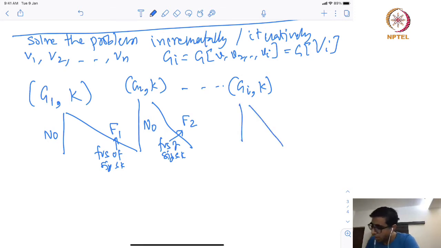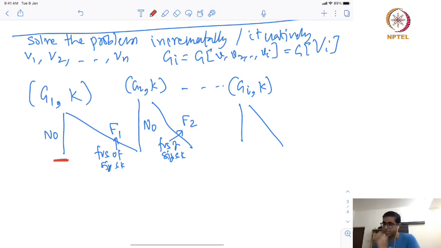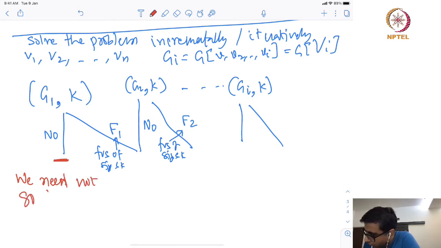But let us just look at the first itself. What can I say if it says that G_1 comma k is a no instance? The moment I get G_1 comma k as a no instance, we need not go further. Why?